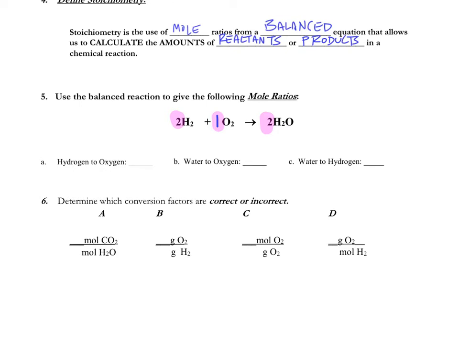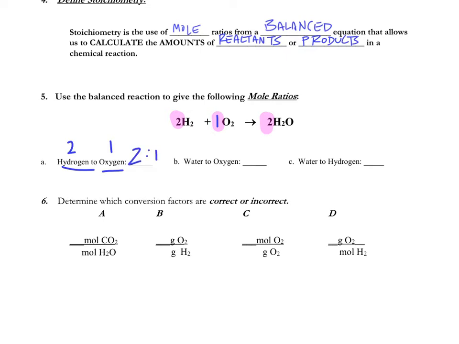So my coefficients are 2, 1, 2. So the ratio of hydrogen to oxygen. Looking up here, I've got 2 hydrogens, or a coefficient of 2, and for my oxygen, I've got a coefficient of 1. So my ratio is 2 to 1.